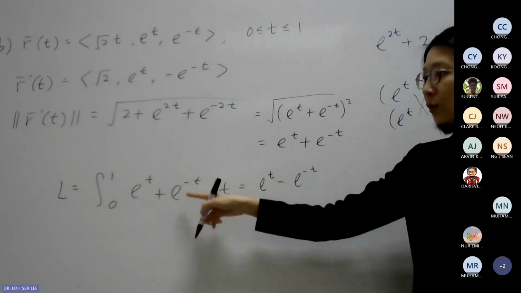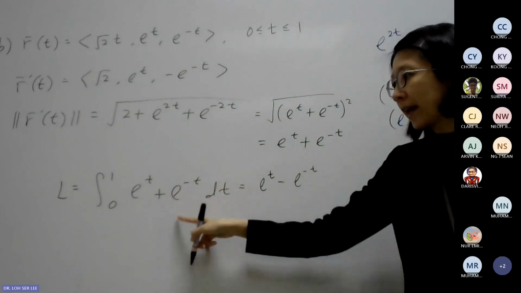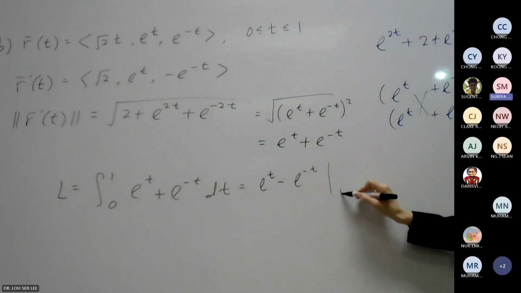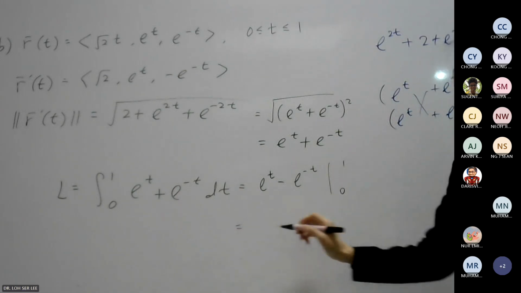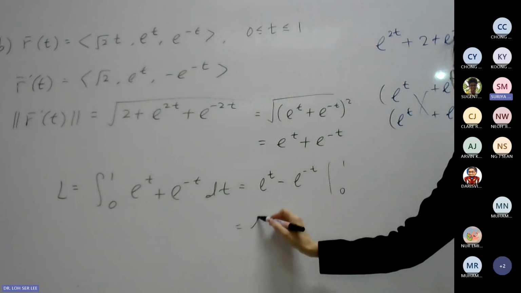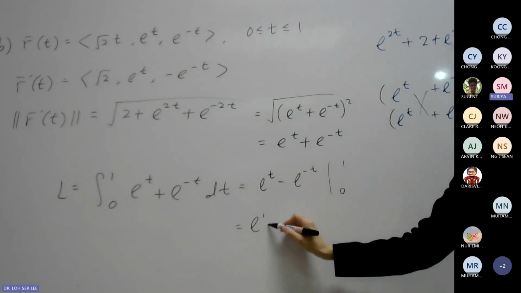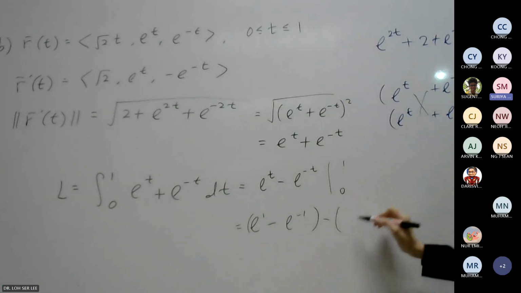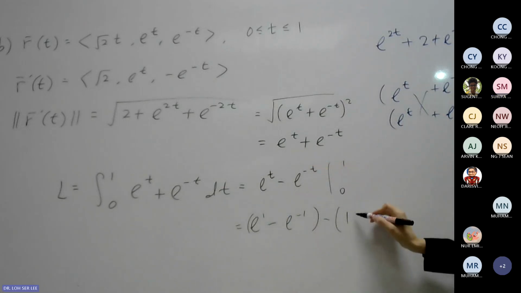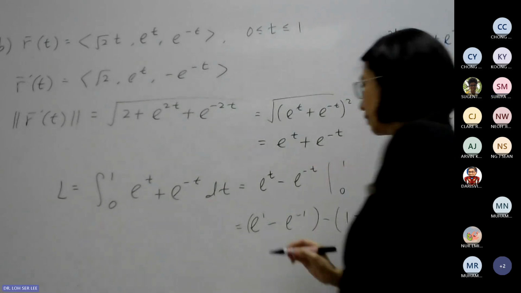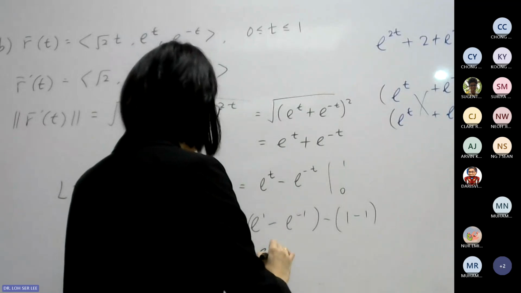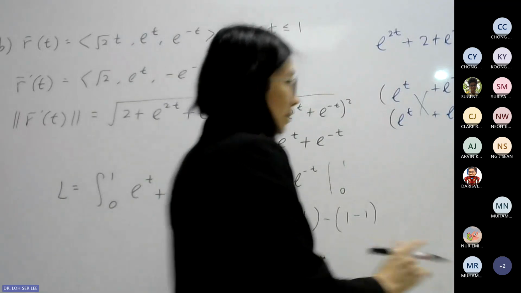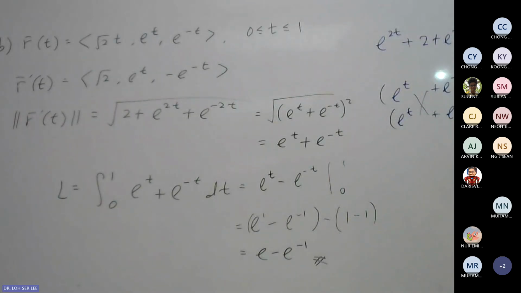So when you are integrating this one, you get e^(-t) over negative 1. So you get this from 0 to 1. Substitute 1 into t, you get e^1 minus e^(-1), minus the 0 substitution, you get 1 minus 1. Okay, so you have e minus e^(-1) as the final answer.